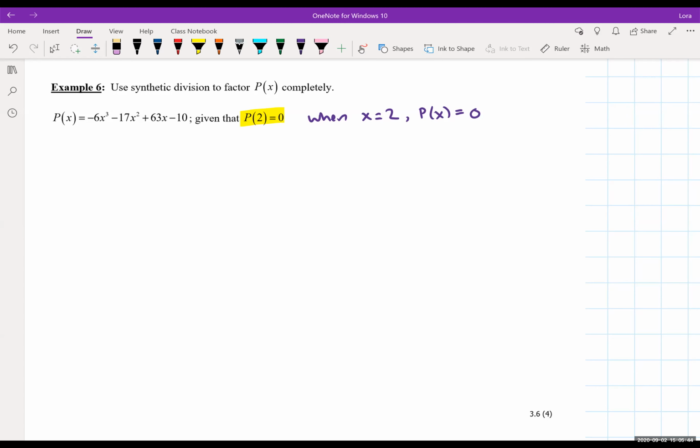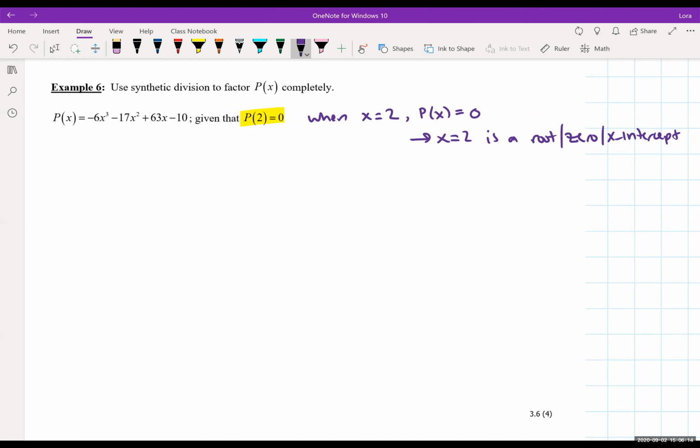What that is giving you at this moment is the root, or 0, or x-intercept. So that's telling us x equals 2 is a root, or 0. In other words, x-intercept. So different ways to say this. I just want to make sure you're clear with that notation.